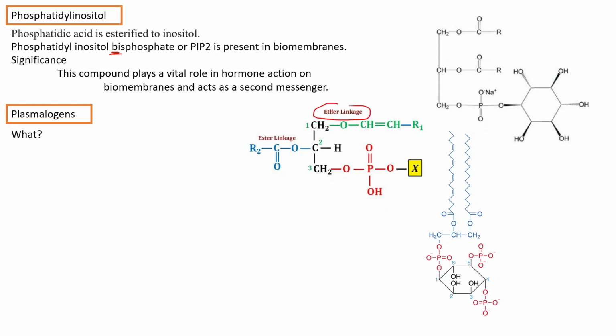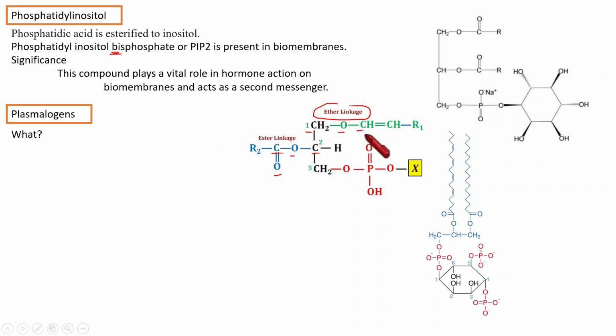So in this context, we need to understand the difference between ether and ester linkage. Making an ether linkage requires only one oxygen and two carbons. Look, for making an ester linkage, two oxygens and two carbons are required. So that is the difference.